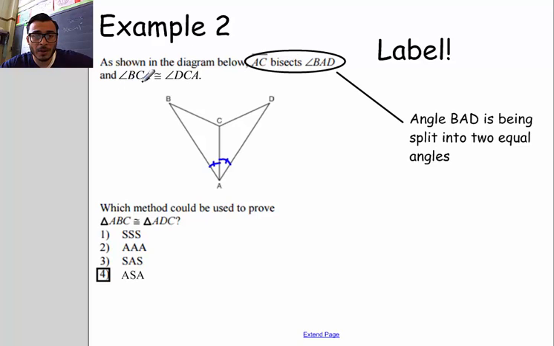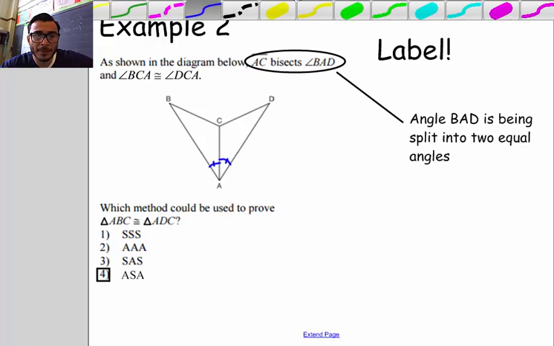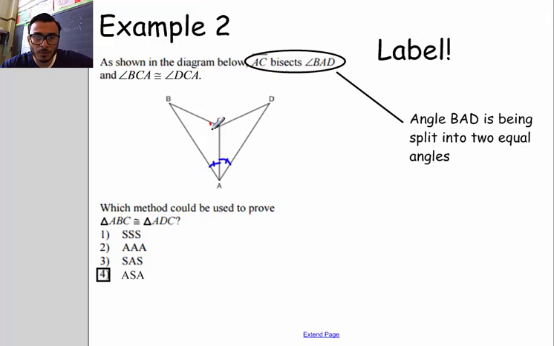And then it says that angle BCA is congruent to angle DCA, and that's saying that this angle here is congruent to this angle here. And that's all we got so far.